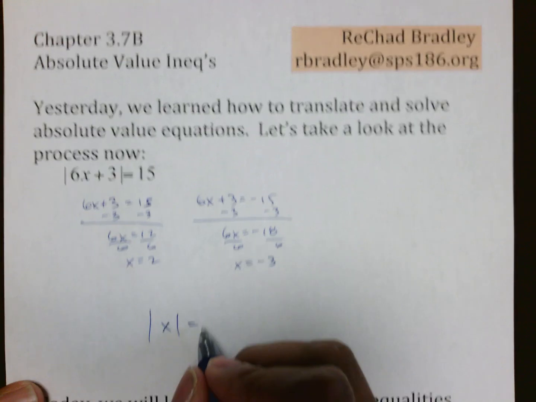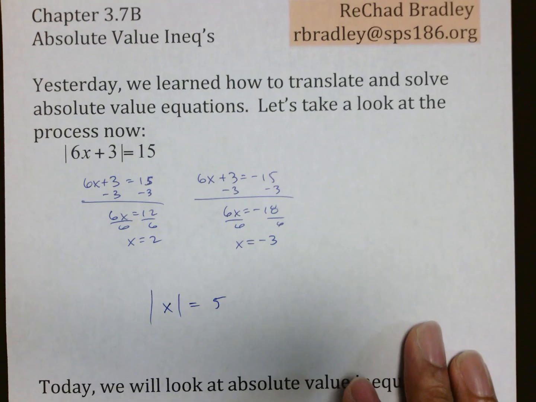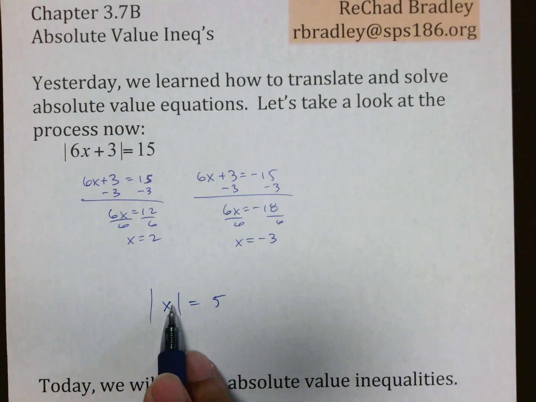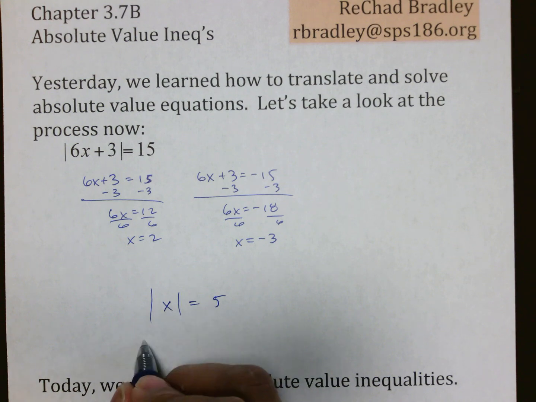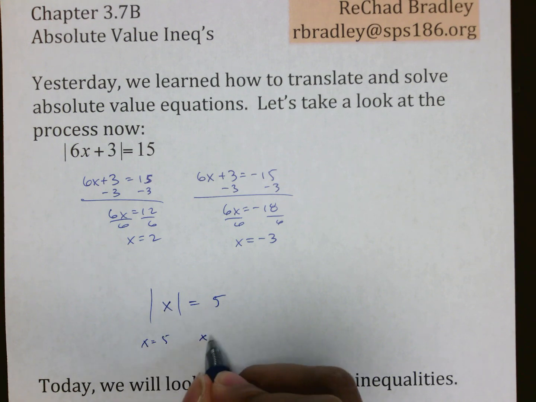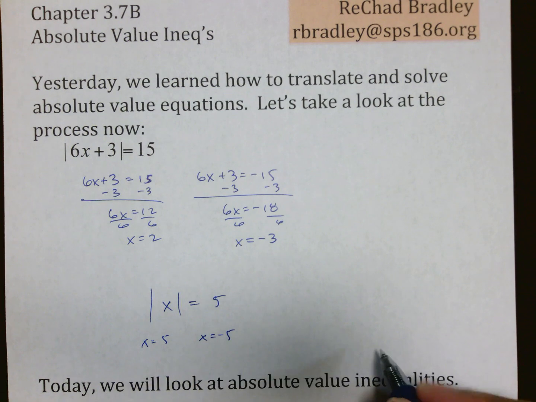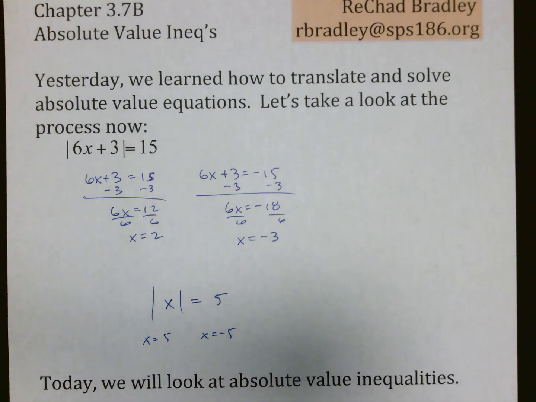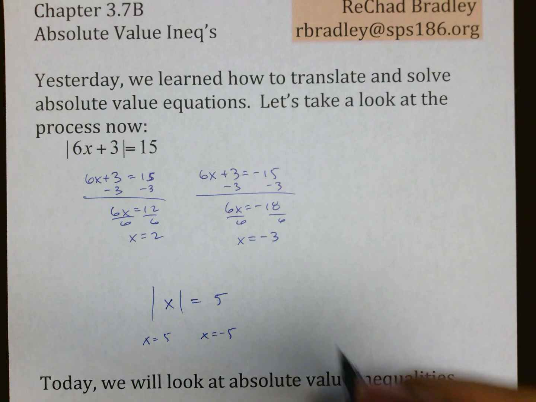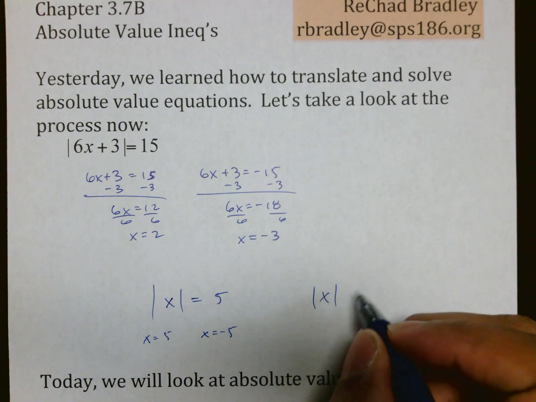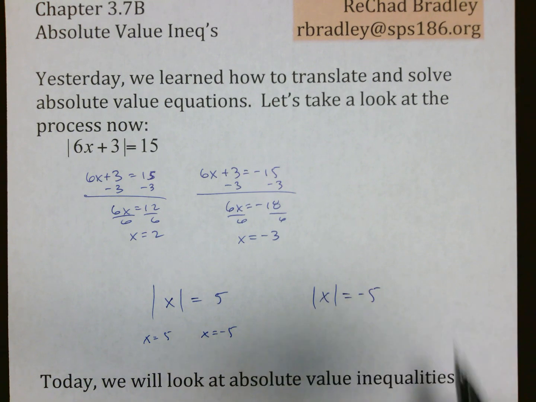By the way, if I was to ask you what value of x makes the absolute value equal 5, we know the absolute value of 5 is 5, and the absolute value of negative 5 is 5. So the answer is x equals 5 and x equals negative 5. I purposely left it on your homework and did not tell you about it because I wanted you to experience it for yourself. But what happens if I say I want the absolute value of something to be negative 5?